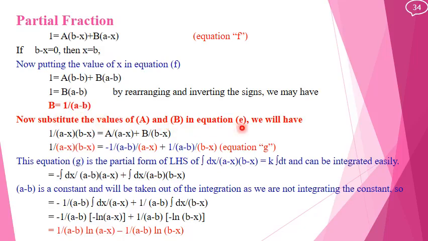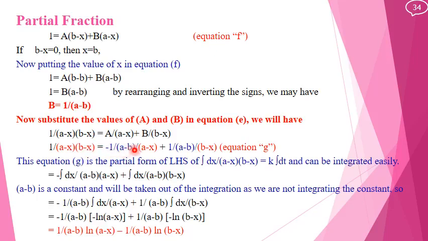Well students, now we have both the values A and B. Now substitute these values of A and B in equation e. Finally we will have 1 over (a minus x) into (b minus x) is equal to A over (a minus x) plus B over (b minus x). This is equation e, and we are putting the values of capital A and capital B in this equation.